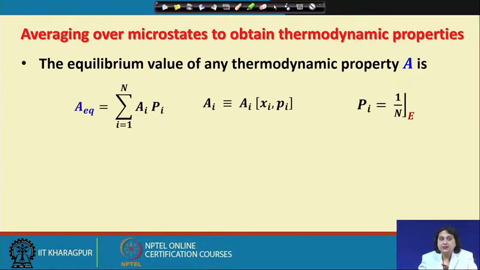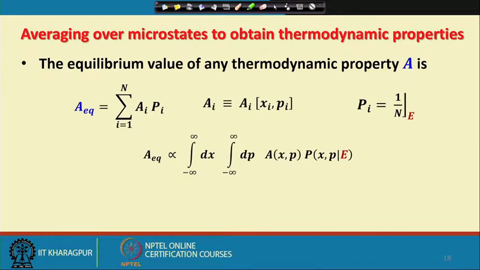But here, as you see, all the x and p values can vary continuously. As a result, it is easier to replace the summation in the classical case by an integration. So, essentially I am doing the same thing.